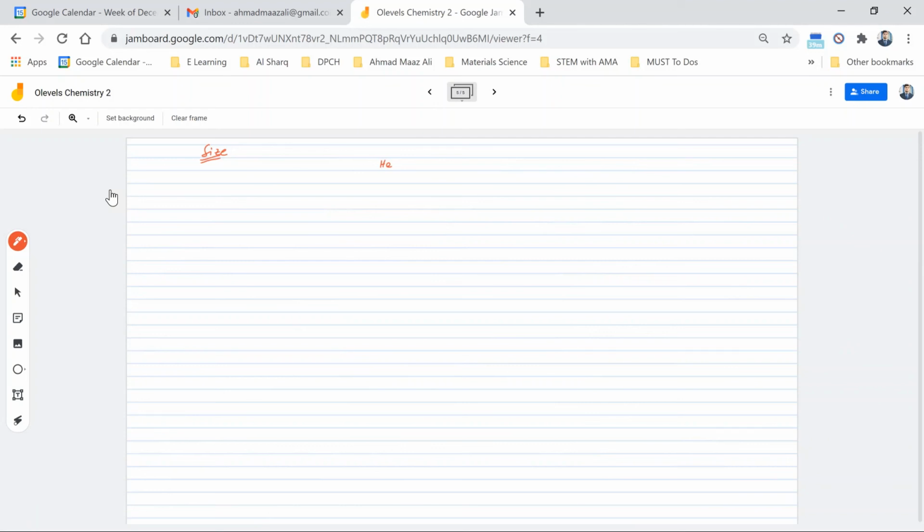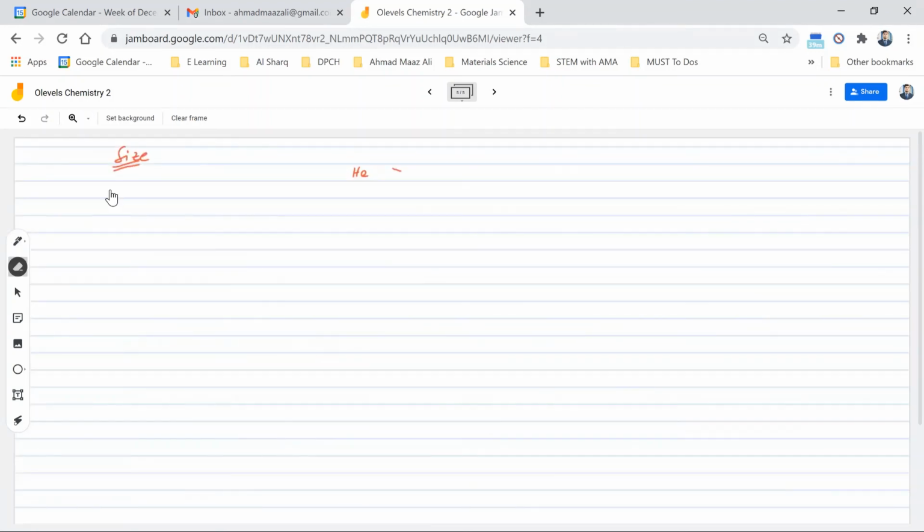It increases. Why? Because, what happens to the number of shells? Are they increasing or decreasing when we're moving down the group? Basically, from one period to the next. They're increasing. In the first period, how many shells will we have? One shell in the first period.